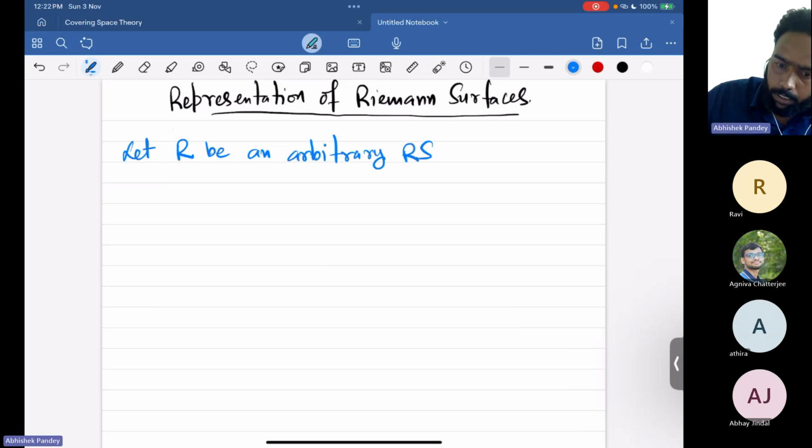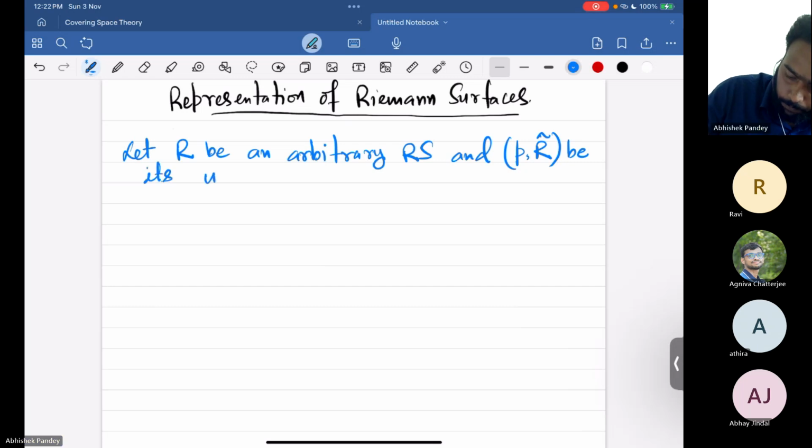So let R be an arbitrary Riemann surface, and (P, R tilde) be its universal covering surface.